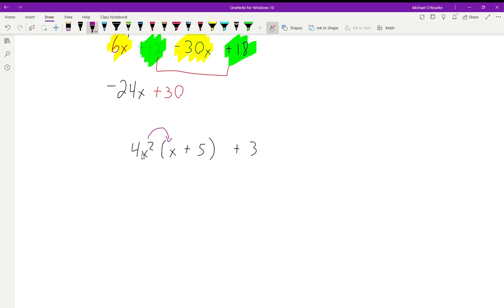So 4 times 1 is 4. X squared times x to the 1 is x to the 3. And then we do our second one here. 4 times 5 is positive 20. X squared, there's nothing there, so it's just going to be x squared. And then we just have the plus 3.